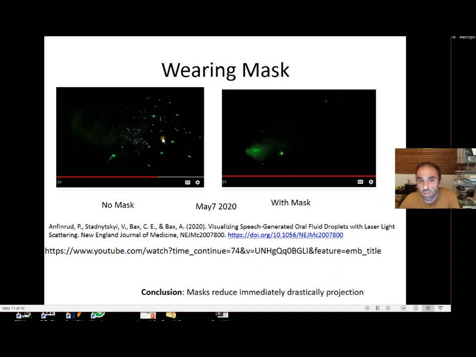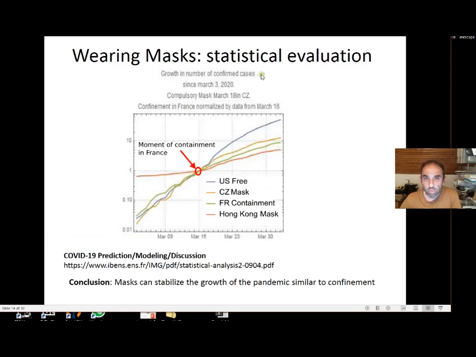But as we are going to see, those large projections are not the ones that are the most sensitive for the propagation of the pandemic. So wearing a mask can also drastically affect the diffusion of the disease. So this is a study that we did 1 month ago, where we plotted the number of new infected people as a function of time for different countries: France, which used containment, Hong Kong with just masks, and Czech Republic with masks and containment.